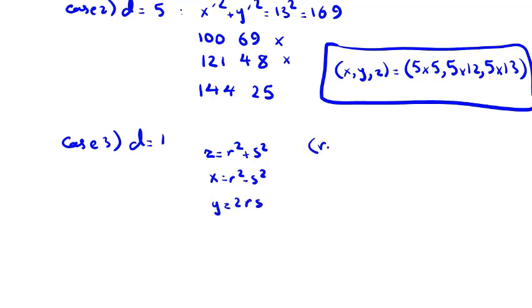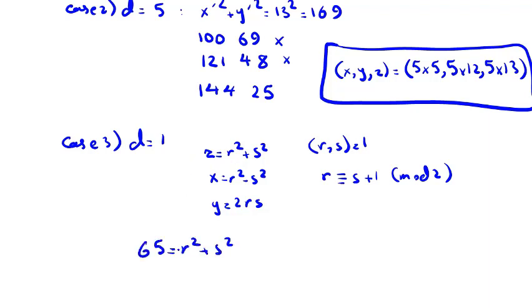And we know GCD of r and s is 1, and r and s are not equal mod 2. So here we know z is 65. 65 equals r squared plus s squared. Without loss of generality, we can consider r is greater than s because x is this.